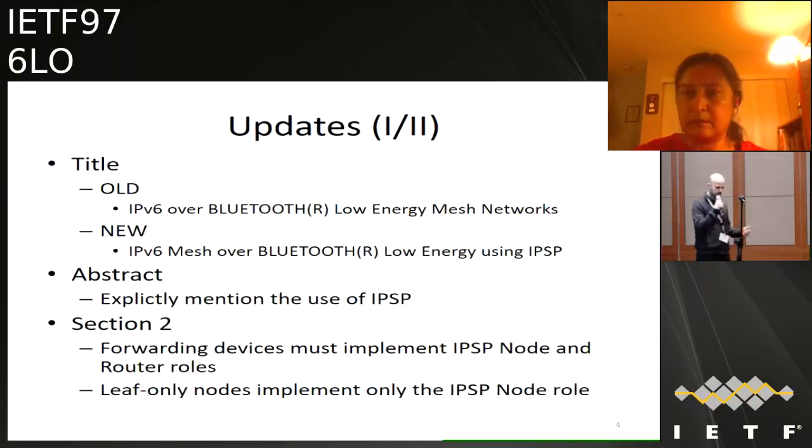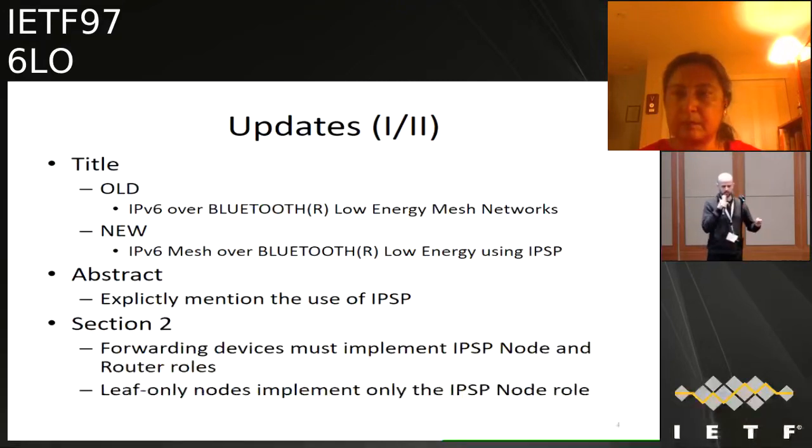And in section 2, we already had some text explaining that we require IPSP and giving a little overview about this functionality. However, we have also added that forwarding devices, that would be routers, must implement the so-called IPSP node and router roles, while leaf-only nodes, that would be 6LNs, implement only the IPSP node role.